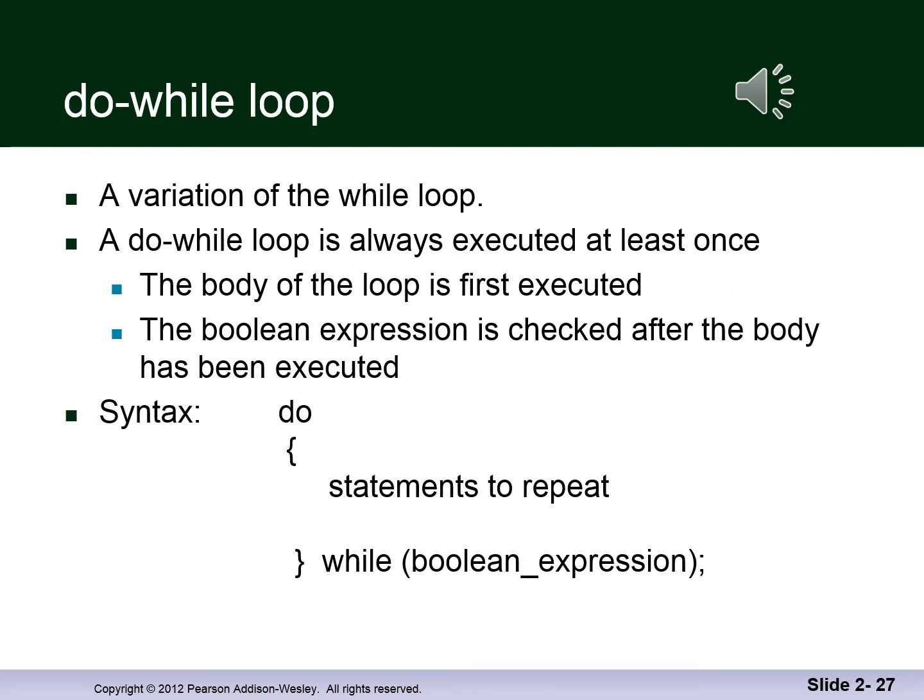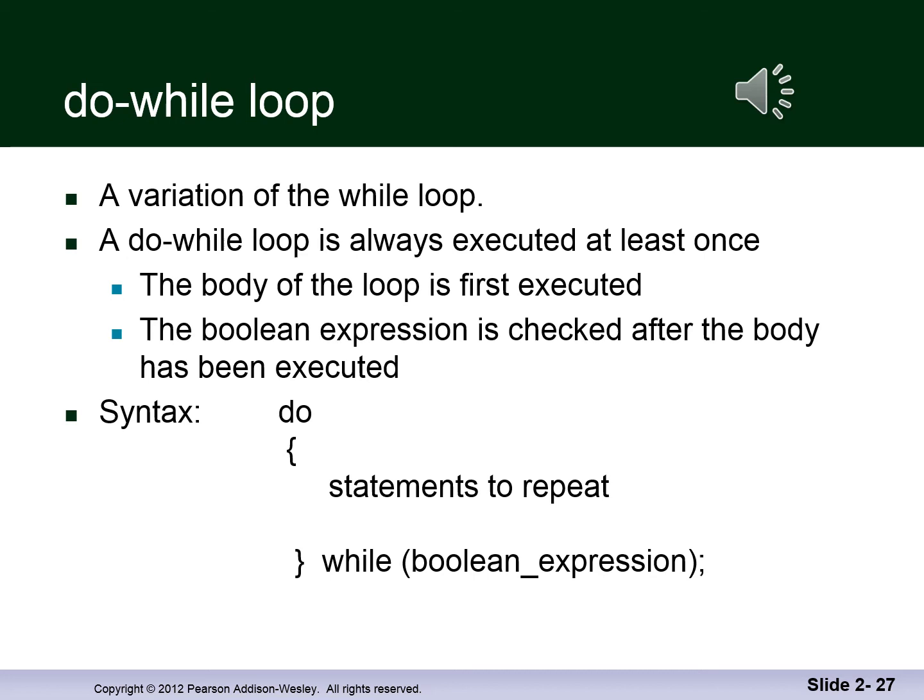Another loop, which is a variation of the while loop, is called the do-while loop. A do-while loop is always executed at least once because the condition, the Boolean expression, is not evaluated until after the body of the loop is executed.